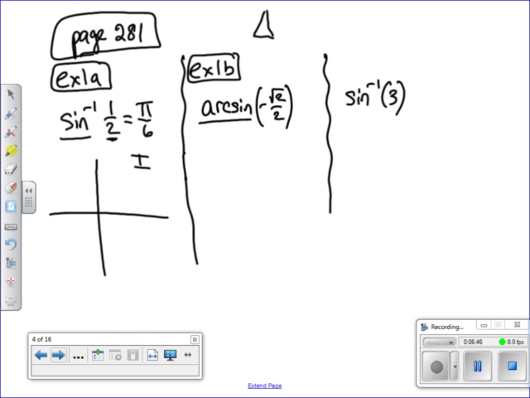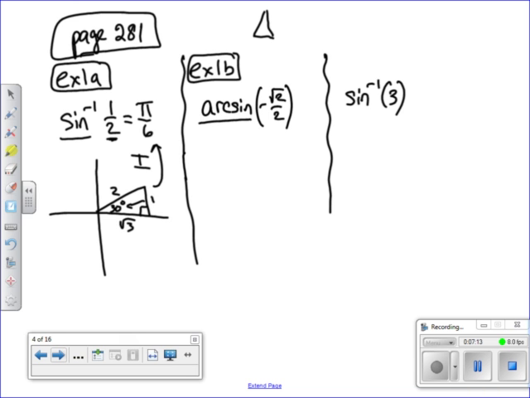And that's the value of y, which is 1, over the hypotenuse, which is 2. And those of you that know your 30-60-90 triangles really well from geometry and algebra 2, you know that that's a 30-60-90 triangle, and the 30-degree angle is across from the side 1. And 30 degrees in radian measure is equivalent to pi over 6, okay?